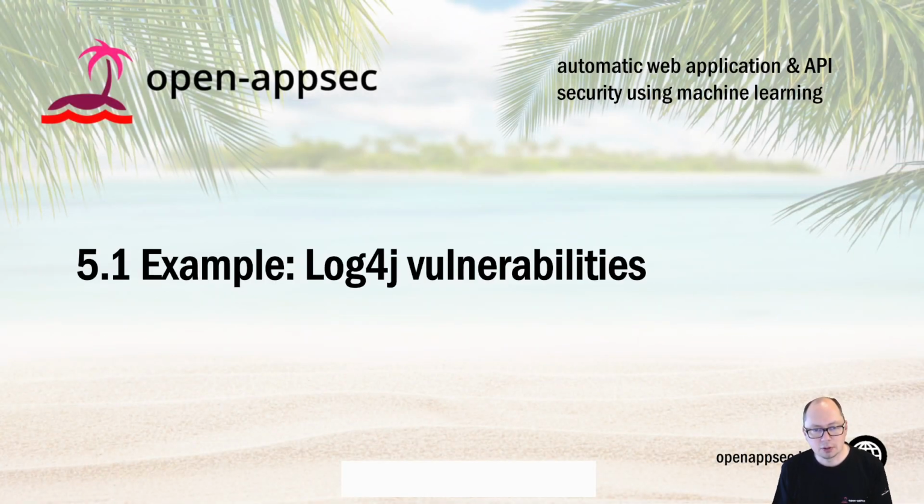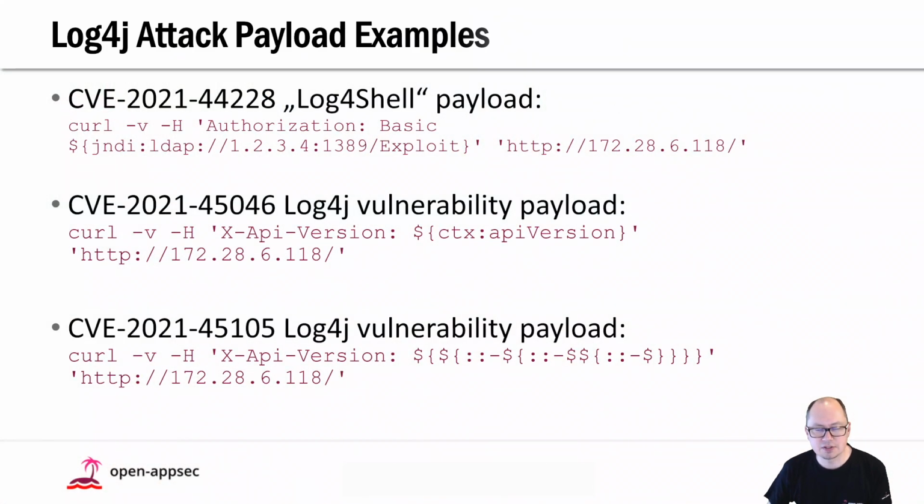So now let's go back to our log4j examples, but take specific vulnerability examples, specific payloads for the 3 CVEs that I've explained before in the timeline perspective, and see how they are analyzed in our two-phase contextual machine learning engine as part of open-appsec.